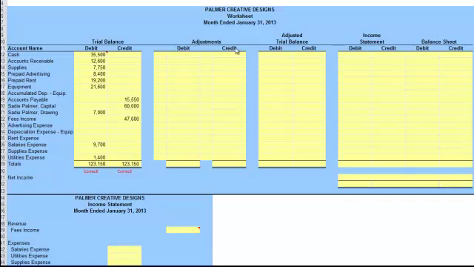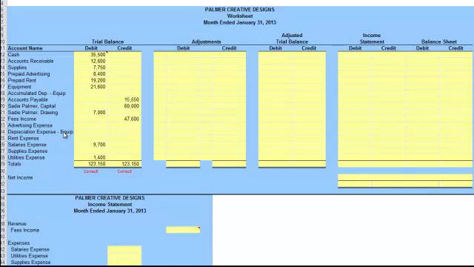And I already filled in the balances that I had in the accounts at the end of the month, and that was just given to us in the problem. And the next step is to make some adjustments to those accounts to make sure that the account balances are exactly right before we prepare our financial statements.